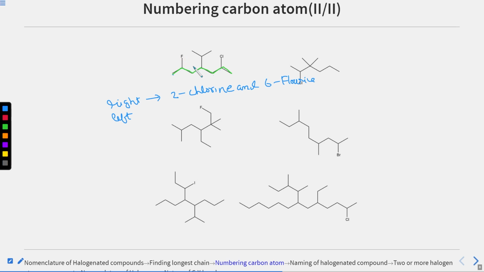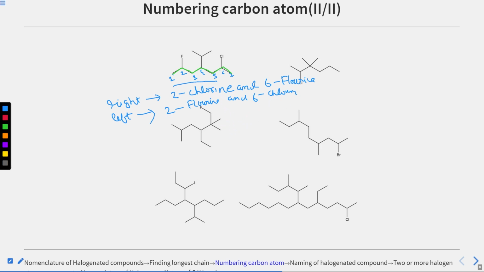So what will happen in this case? We'll have 1 2 3 4 5 6 7. So here at number 2 we have fluorine, and at number 6 we have chlorine. Now we have seen earlier that we have to prioritize the alphabet.